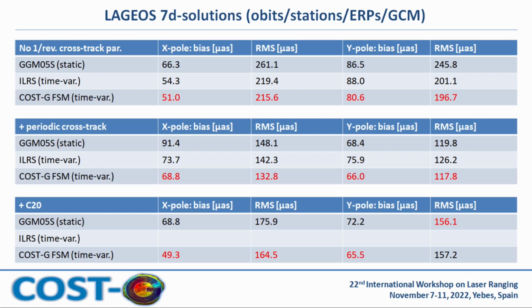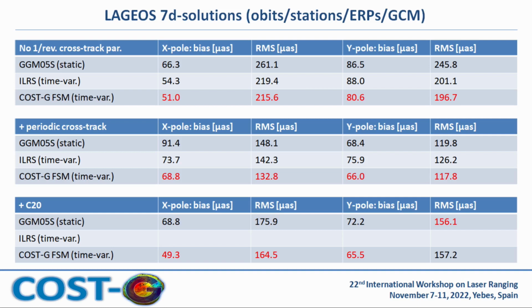If we co-estimate cross-track, then the RMS gets smaller, but still we see the best values for this Cauchy fitted signal model. And if we co-estimate C20, then we are more or less independent of the a priori, and here we ran out of time, but compared to the static one, even then we see an improvement, because there are other gravity field coefficients that are not co-estimated.